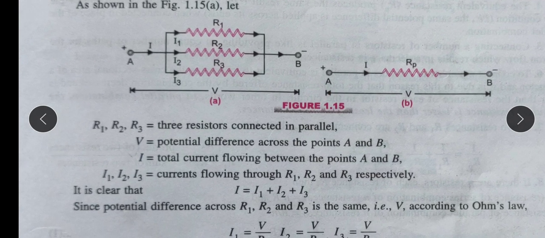Then V is the potential difference across the points A and B. Let I be the total current flowing between the points A and B. I1 is the current flowing through resistor R1, I2 is the current flowing through resistor R2, and I3 is the current flowing through resistor R3.